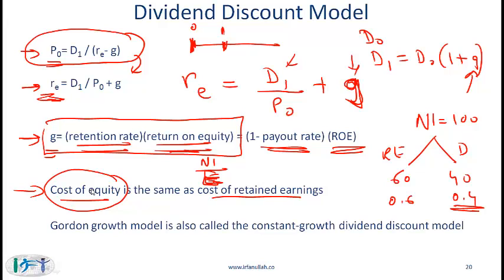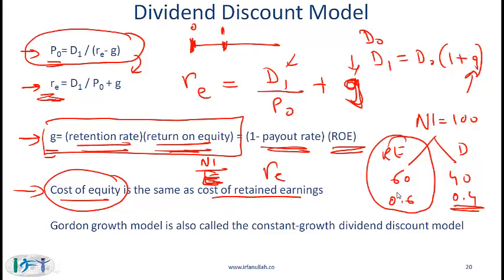But what if a company is retaining its earnings? The company then doesn't make explicit payments, but is there a cost associated with retaining earnings? The answer is yes, and that cost is simply the cost of equity. We can think of the cost of retaining earnings as an opportunity cost, because this money really belongs to the shareholders.